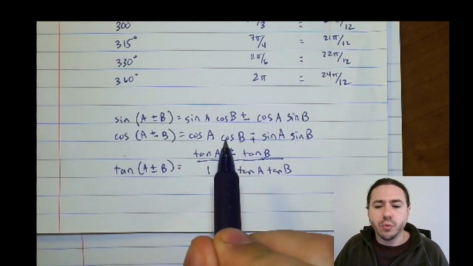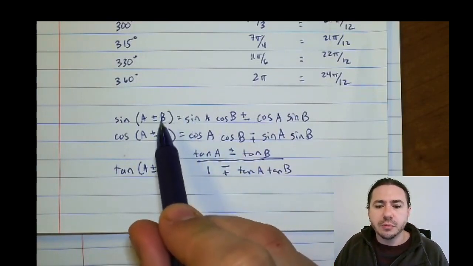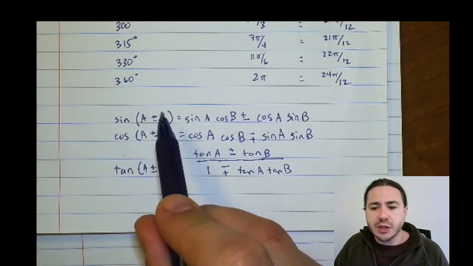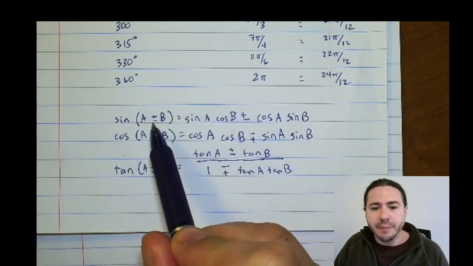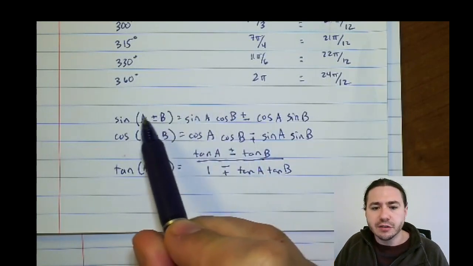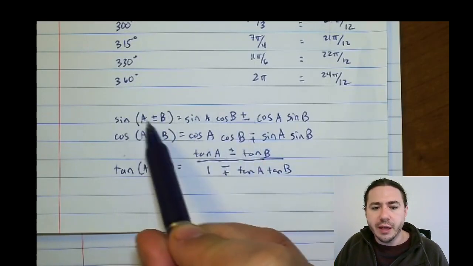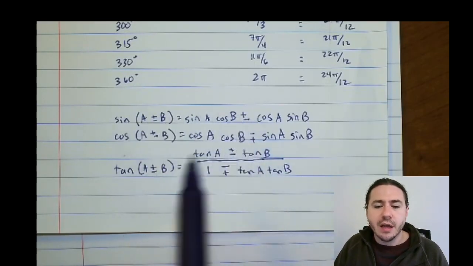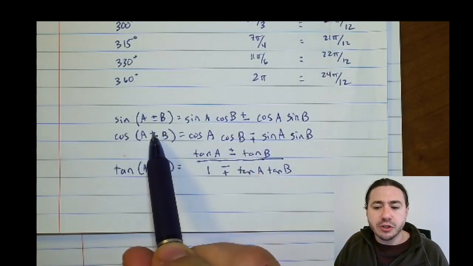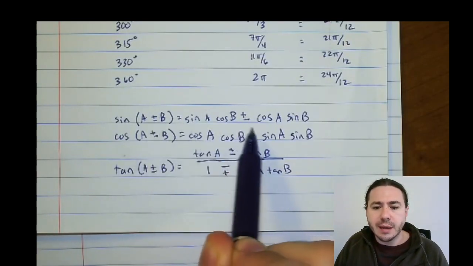And when you're looking at whether these should be plus or minus, you match up the top symbol with the top symbol, the bottom symbol with the bottom symbol. So for instance, if you're doing sine of a plus b, this should be plus. If you're doing a minus b, this should be minus. For cosine, it's backwards. You're still matching the top symbol with the top symbol, but notice here the top symbol's plus, but here the top symbol's minus.